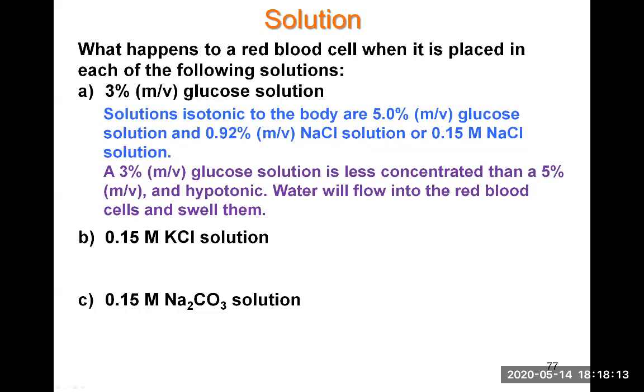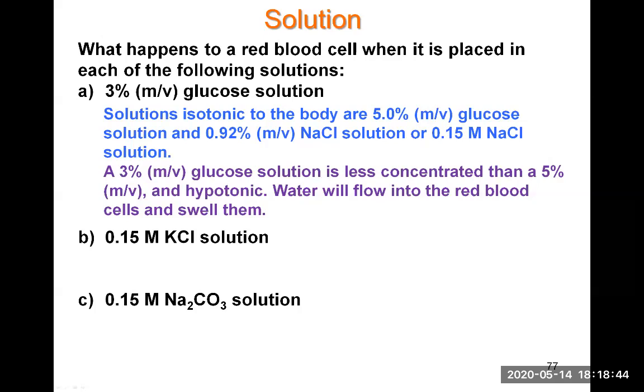Let's think about what will happen when you place a red blood cell into a 0.15 molar KCl solution. So again, you want to compare this concentration to a concentration of the same unit. So out of those three isotonic solutions to the body, you want to choose the one that has the same concentration as your 0.15 molar KCl solution.